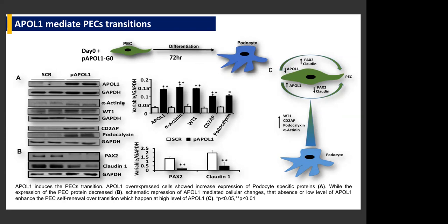There is an increase in alpha-actinin, WT1, CD2AP, podocalyxin, and there is a decrease in the parietal epithelial molecules like PAX2 and claudin. So by this experiment, we can say that APOL1 alone has a driving force to convert the PEC into the podocyte phenotype. Whether they are mature or immature, that's very difficult to predict within 72 hours.